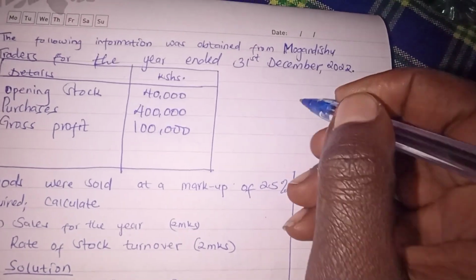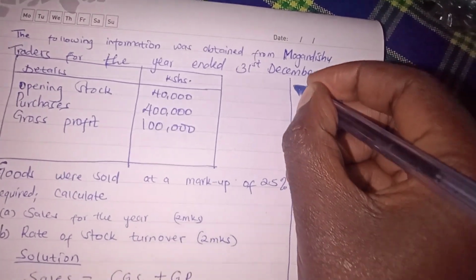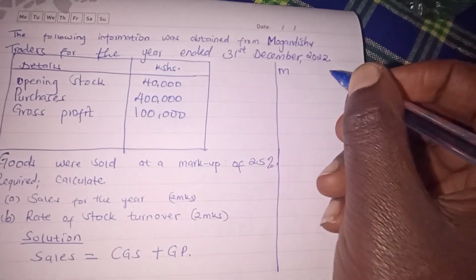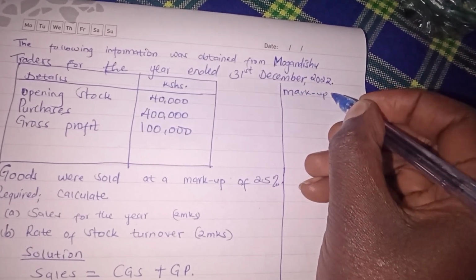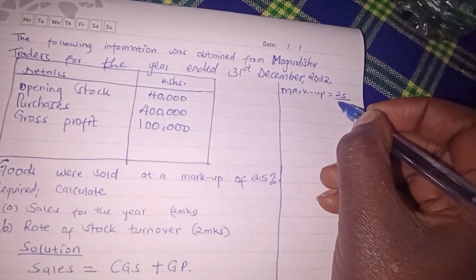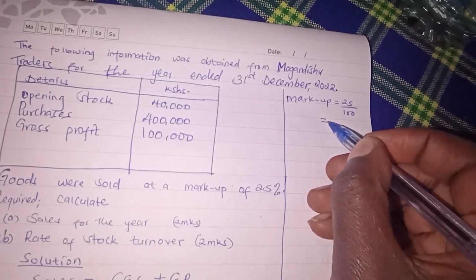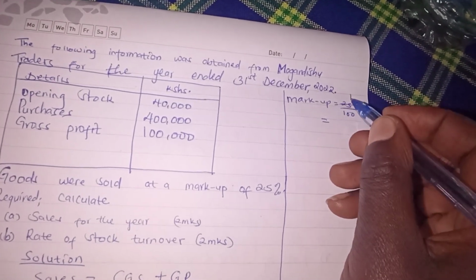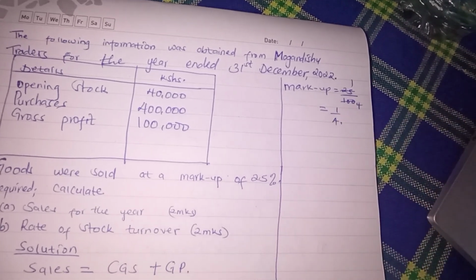So markup is equal to 25%, which is the same as 25 divided by 100. Simplifying that, 25 divided by 25 is 1, and 100 divided by 25 is 4. So this gives us a quarter.